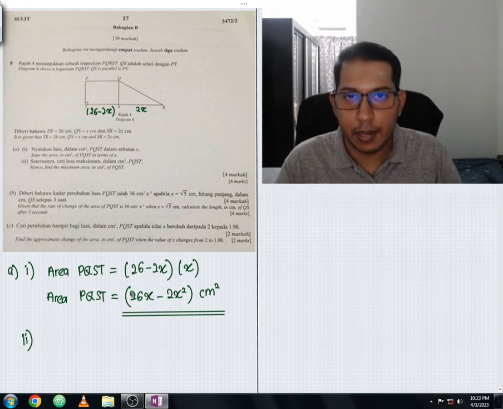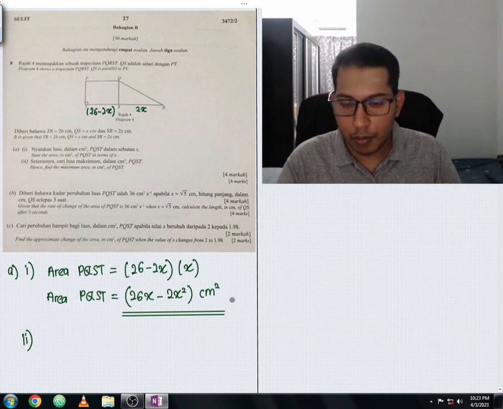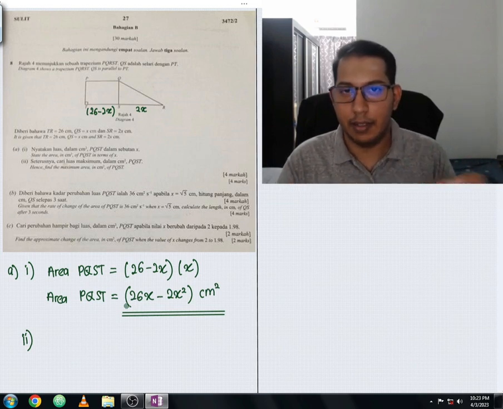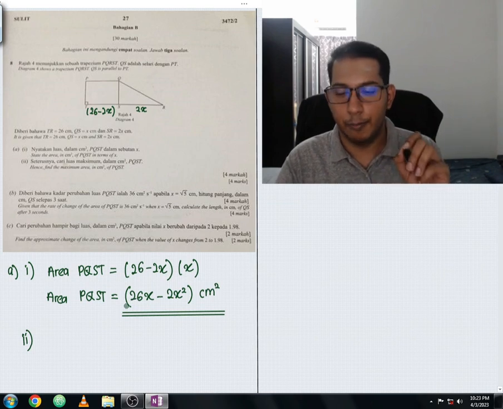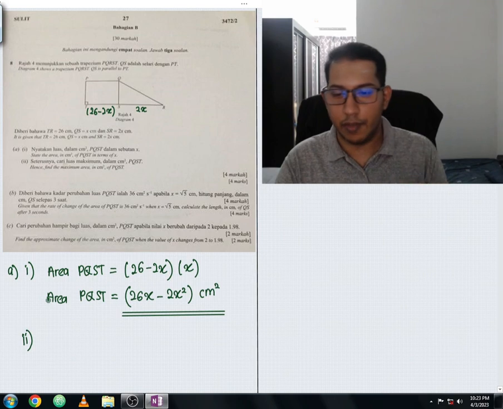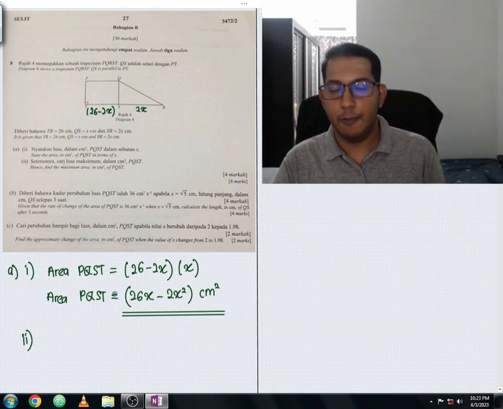So how are you going to do that? We're going to apply the turning point concept. Okay, so when you want to find anything which is maximum or minimum, you set your differentiation or derivative equals to 0. In this case you set your differentiation of area with respect to x equals to 0, and from there we are able to get the maximum area.